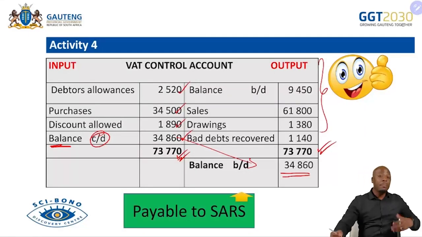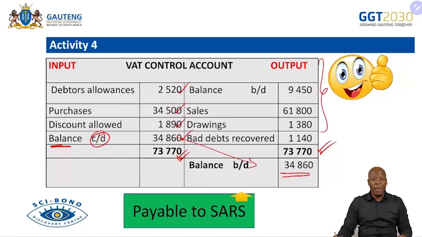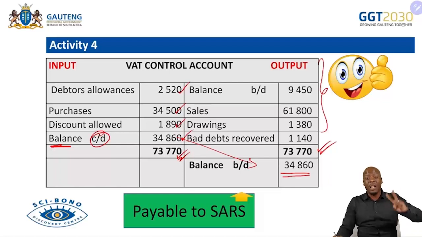Now, as I've come to the end of my lesson today, there are things that I want you guys to remember. We spoke about the different types of supplies: standard rated supply, zero rated supply, and then exempt supplies. We also went on to talk about the different calculations when you're given inclusive VAT, when you're given exclusive VAT, and when you're given both the inclusive and the exclusive.